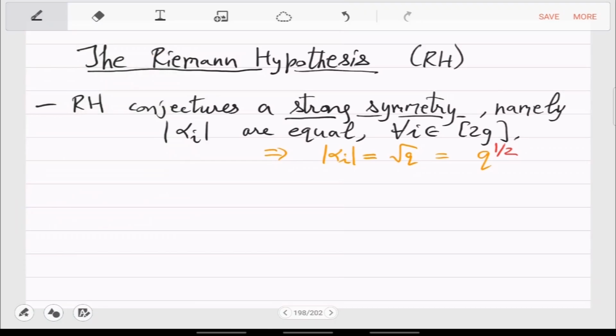So what this comes from is that you have to look at the zeta s version.